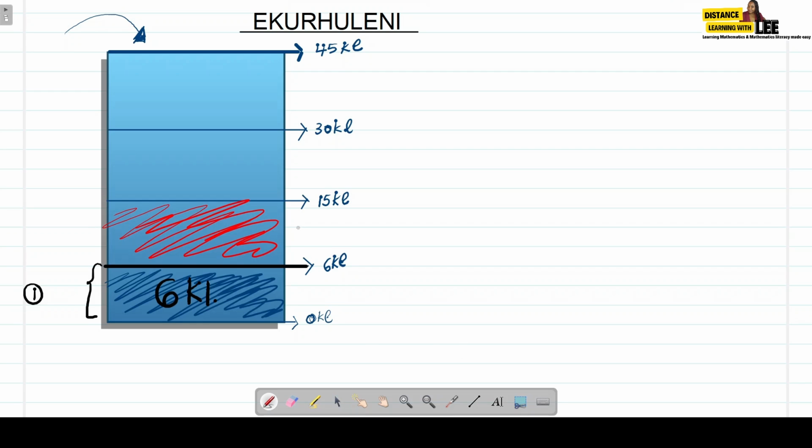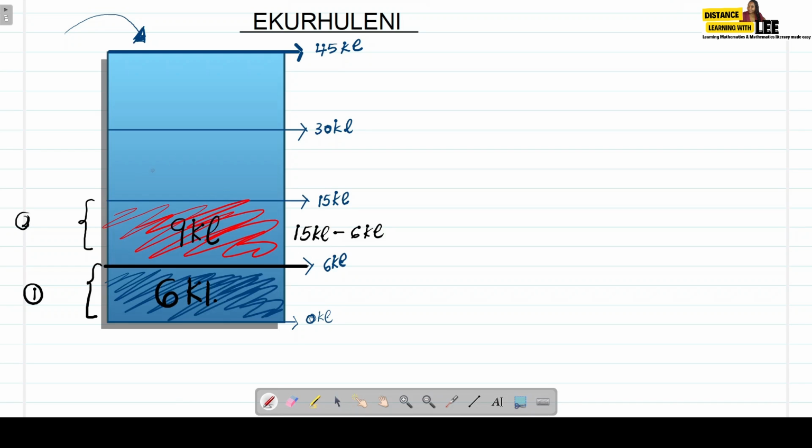We have poured 15 kiloliters minus 6 kiloliters. So 15 kiloliters minus 6 kiloliters means that in our second region, region 2, we have poured 9 kiloliters of water.